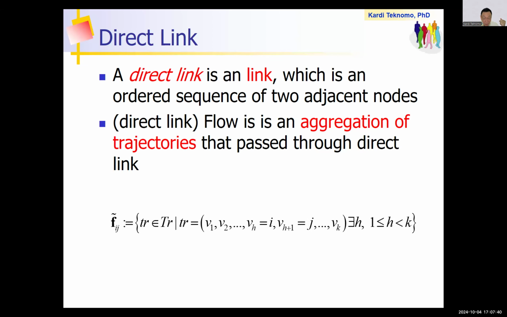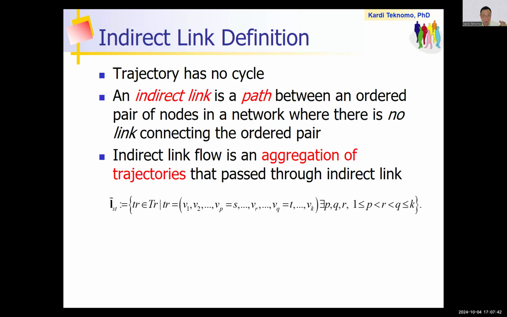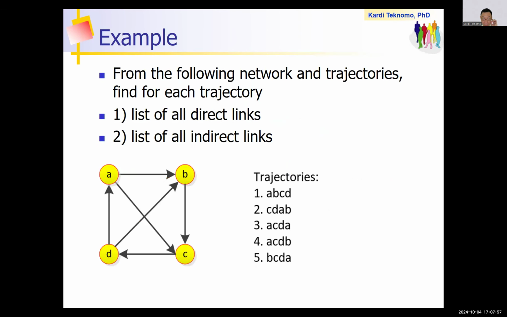Because we have direct links, we also have indirect links. An indirect link is a path between an ordered pair of nodes where there is no link connecting the ordered pair. I hope you still remember last meeting we discussed this example.